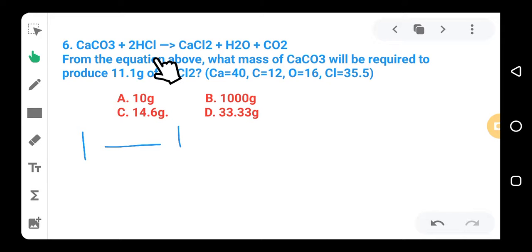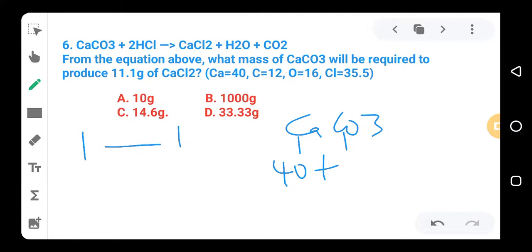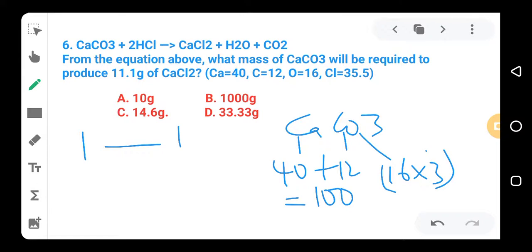The molar mass of CaCO3 is equal to the mass of Ca, which is 40, plus carbon which is 12, plus oxygen which is 16, and we have 3 oxygen. That will give us 100. So the molar mass of this is 100.